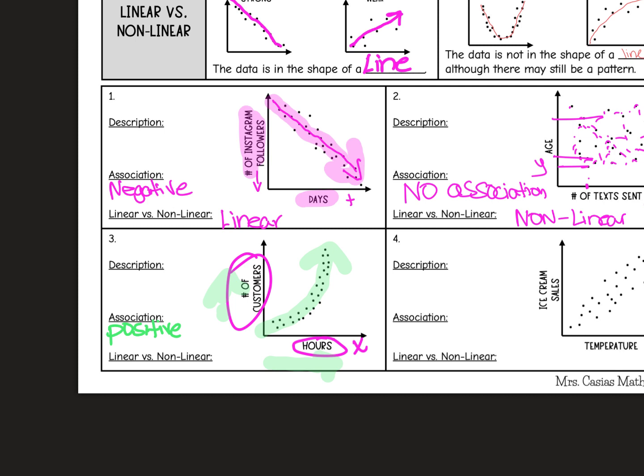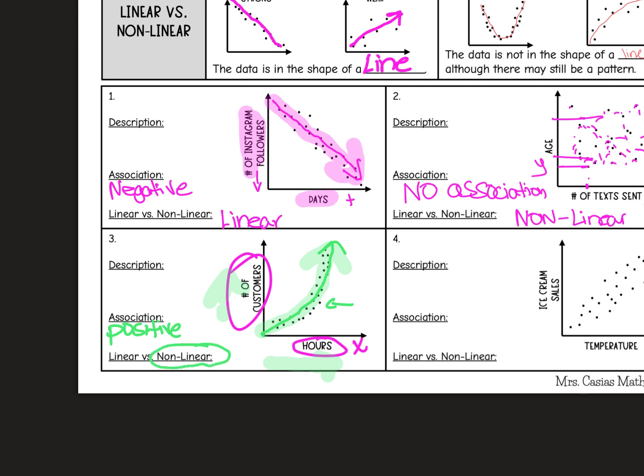And then let's talk about, is this linear or non-linear? Be careful with this one, and sometimes it does help to try to draw. We'll get to what a trend line is in future lessons, but just try to follow that along. Now it has a bit of a curve right in there.